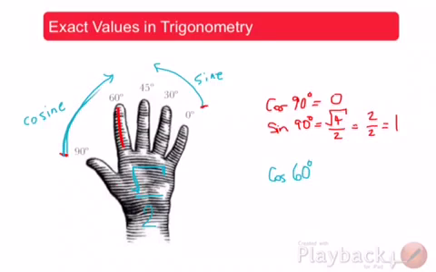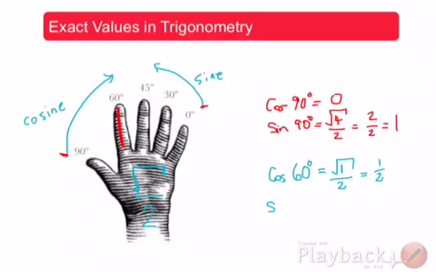So from 90 to 60, there's only one finger, it's this one here. I then have to rewrite it as the square root all over 2, that's a given, and it's the square root of 1 because there was one finger between the 90 and the 60, which is equal to 1 over 2. The cosine of 60 degrees is a half.